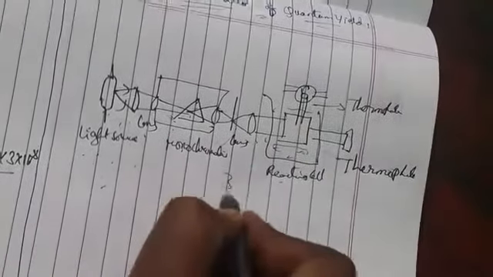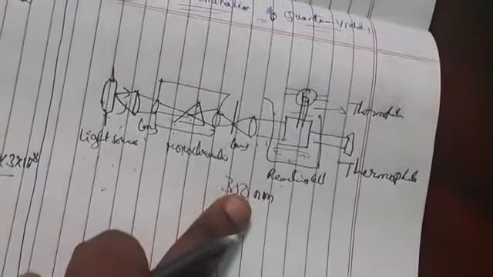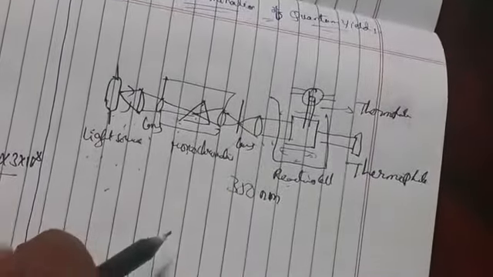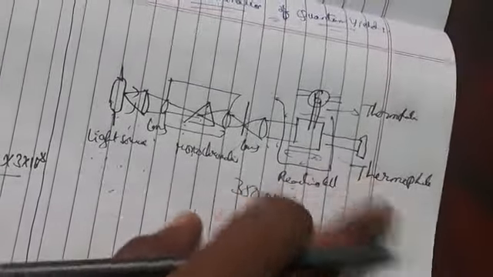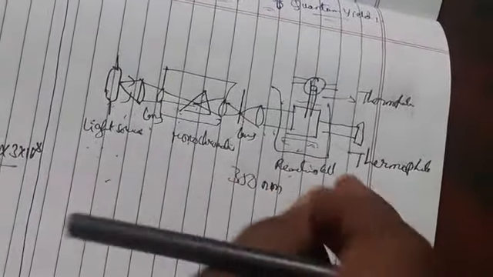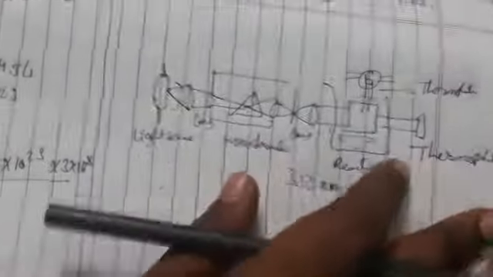Then what is the detector? It is usually a thermopile or an actinometer, which measures the intensity of light radiation. Whatever rays it receives, it measures. So this is the diagram.